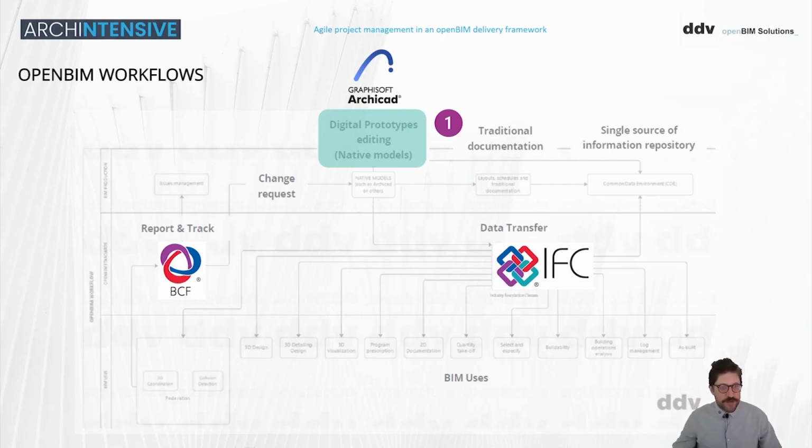Traditionally, we are producing different types of documentation, such as layouts, 2D drawings, schedules, spreadsheets, whatever. And if we are lucky enough, maybe we'll exchange that information using a common data environment. But in most cases, due to the current industry maturity, maybe we just have a digital repository, right?